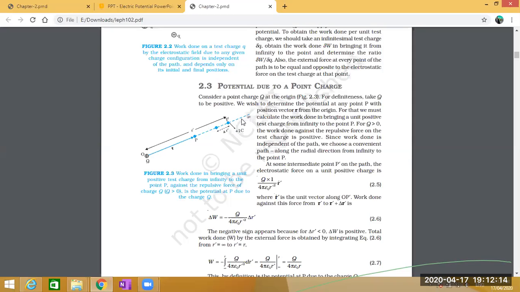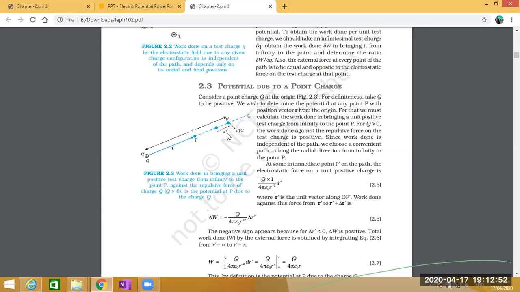This dotted line indicates that you are bringing that test charge from infinity to point P. The amount of work done in bringing a small test charge or unit charge from infinity to point P is called electric potential at point P. Now we take a small differential displacement dr. At this distance, repulsive force will be in this direction, but force applied by the external force is in this direction.